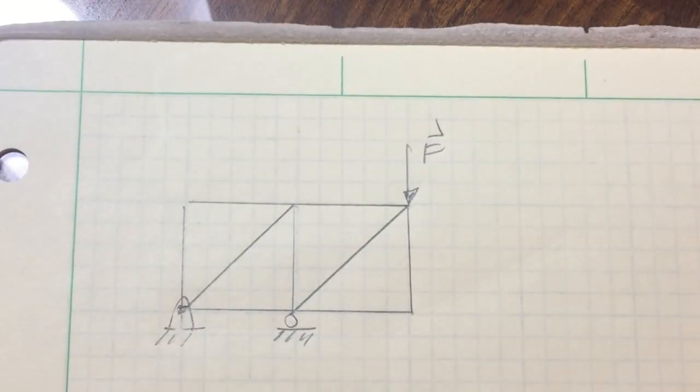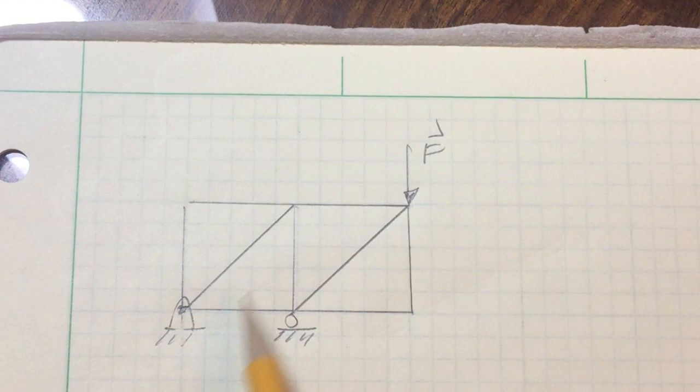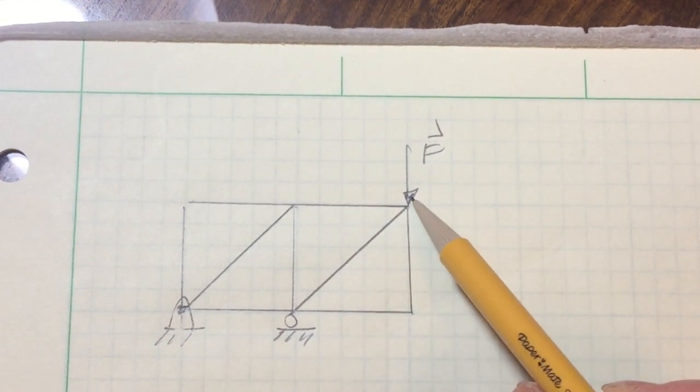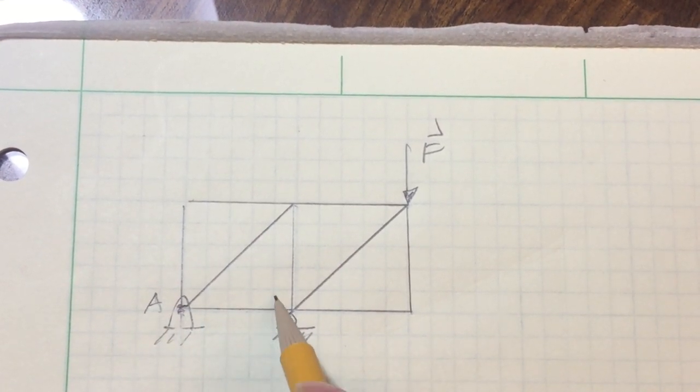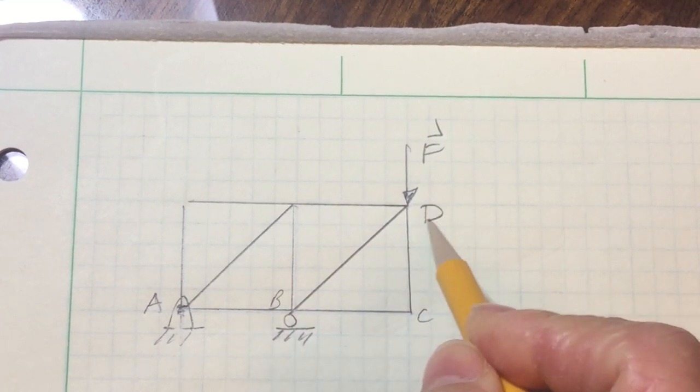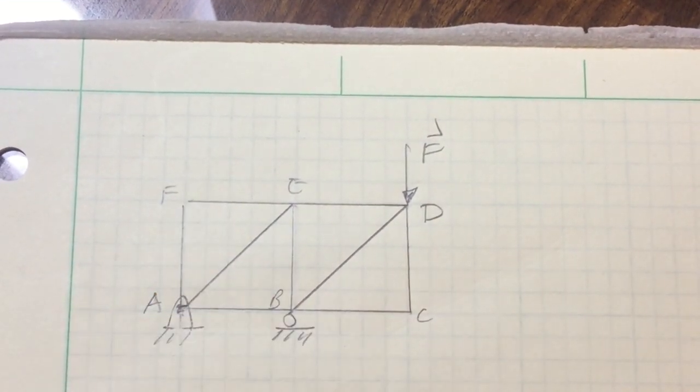So let's take a look at this. Here we have a truss where a force is being applied. It's supported by a pin here, let's call this A, let's call this B. It's supported by a roller. We'll call this C, D, E, and F. We have to try to look for two members that are connected to one another, and only two.